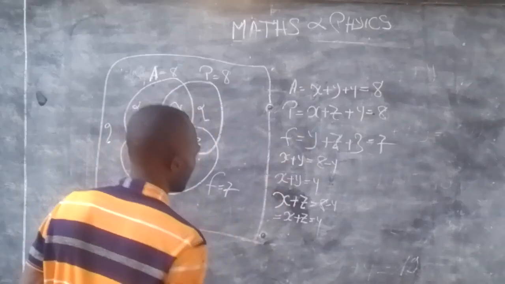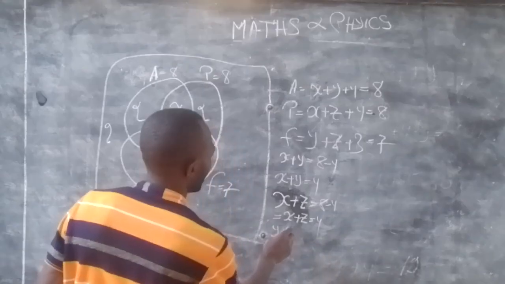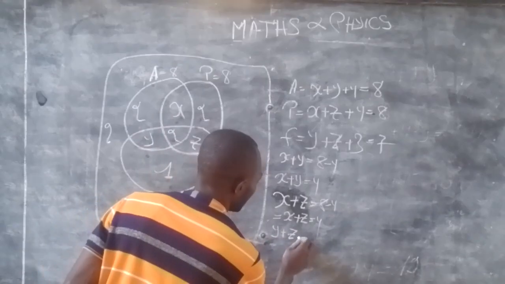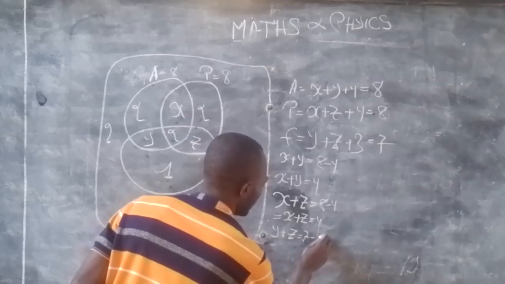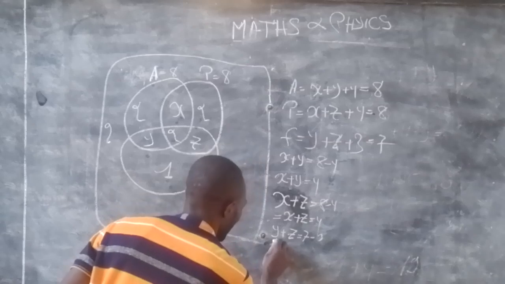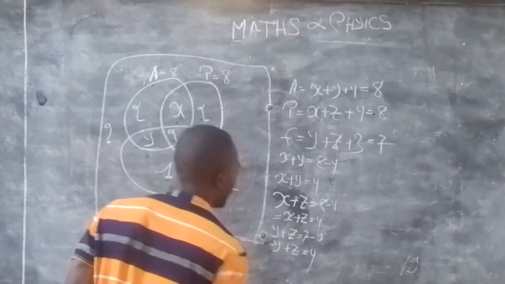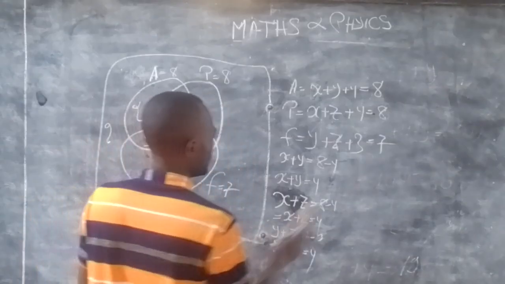Lastly, for finance, we have y plus z equal to 7 minus 3, so y plus z equals 4. Those are the three equations we have.